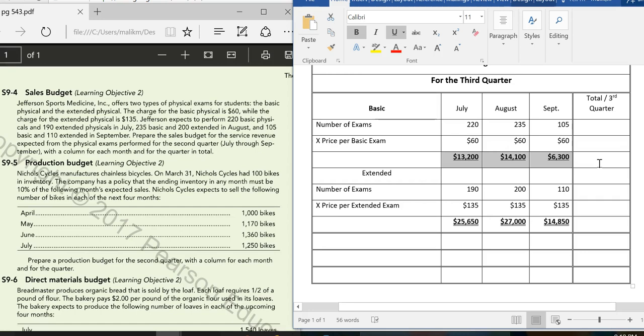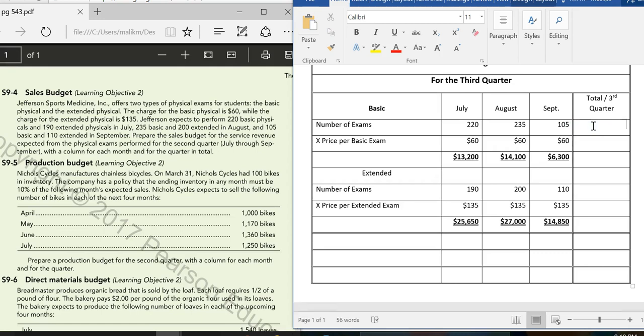Now we need to do the total. As I mentioned during my PowerPoint slides on our chapter content, you need to do the total both ways. We will do it vertically, we will do it horizontally, and always double check to make sure that your grand total is correct. For the basic exam, if I add July, August, and September, 220 plus 235 plus 105, I got 560 basic exams for that quarter.